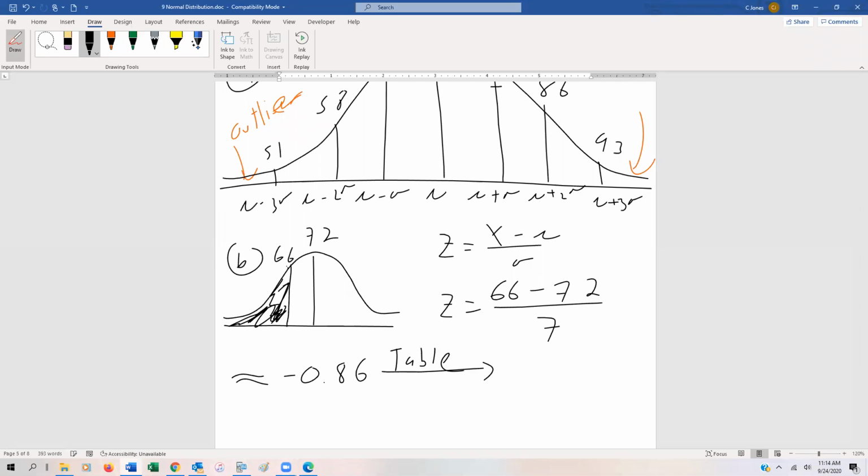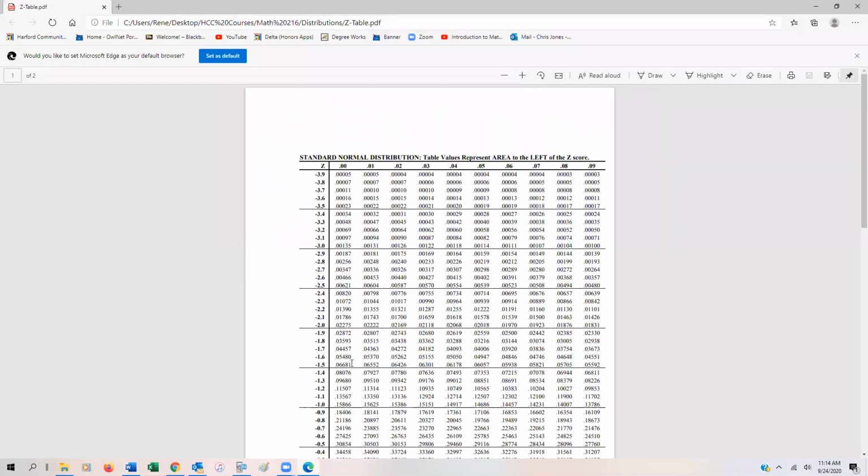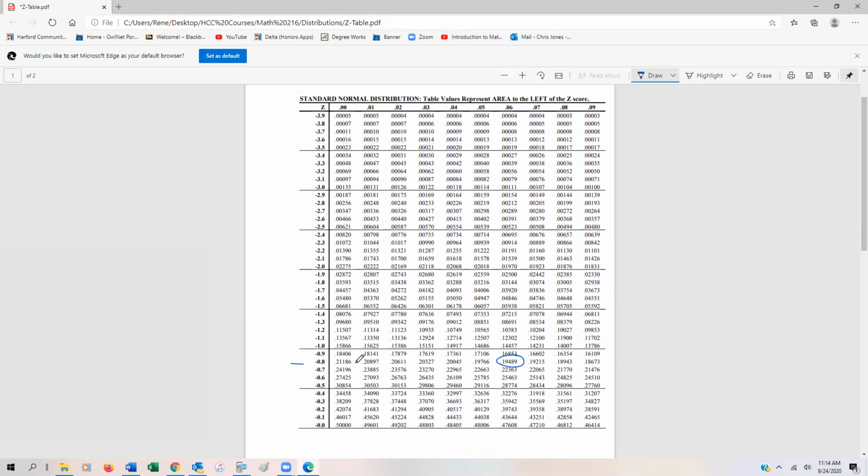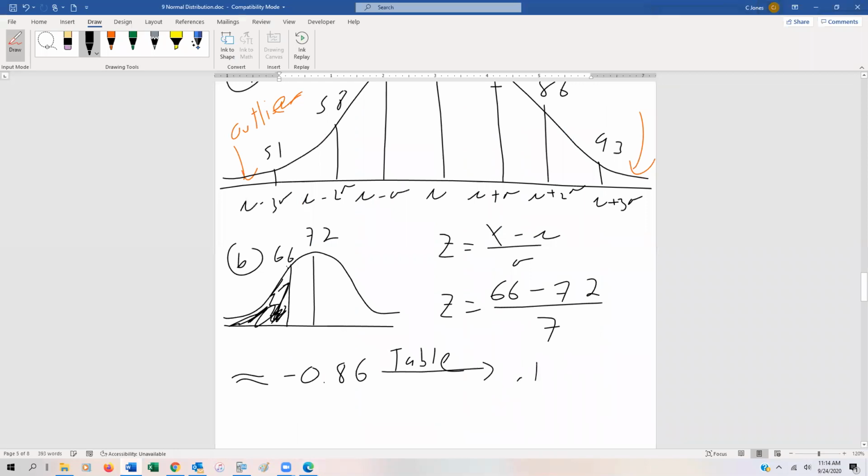And then finally, we just go to the table. In our z table, we're going to go to the negative side. We're going to go to negative 0.8, and then we're going to go all the way over to 6, which I believe is right here. Let me verify that. So it looks like if we line that up in our crosshairs, negative 0.86 is 0.1949. So that's going to be 0.19489.